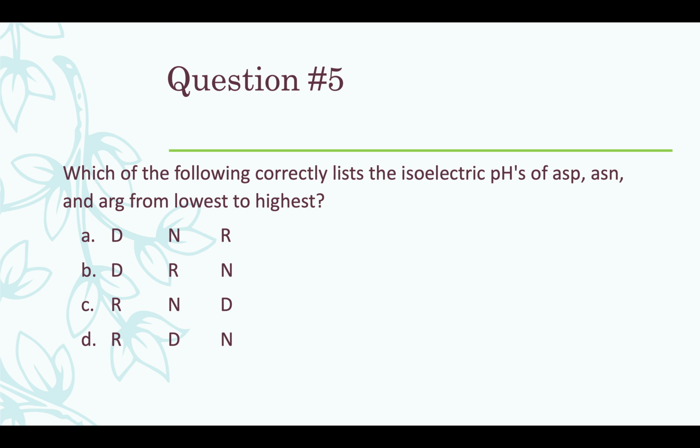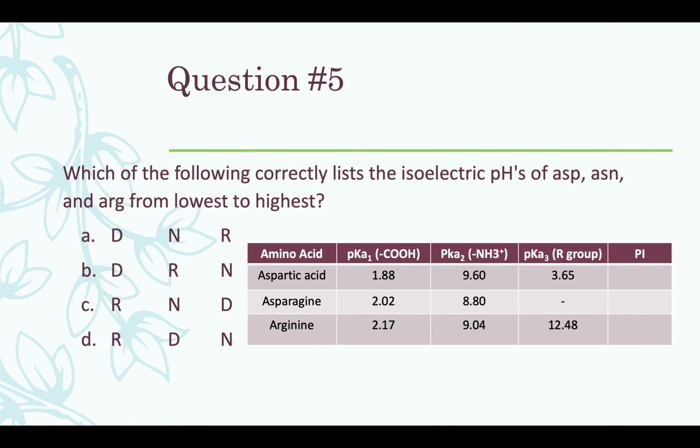Asparagine, on the other hand, has a polar uncharged R group. And lastly, your arginine here is a basic amino acid. Shown on this table are the pKa values of the given amino acids. We'll be filling the blank column for pI.